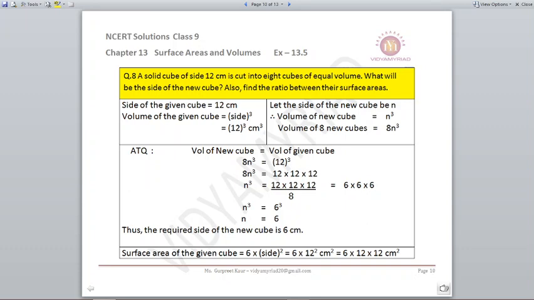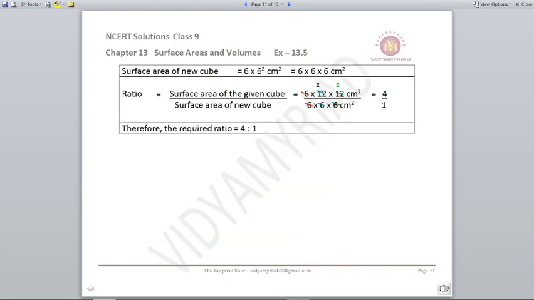And we have to even find out the ratio between their surface areas. Now the surface area of a cube, if I want to know, we need to find out the total surface area, that is 6a square. The side was given to us as 12. So 6 into 12 into 12 when we do, we will come to know the surface area of the given cube. Same way, we can find the surface area of the new cube, that will be 6 into 6 into 6 centimeters square.